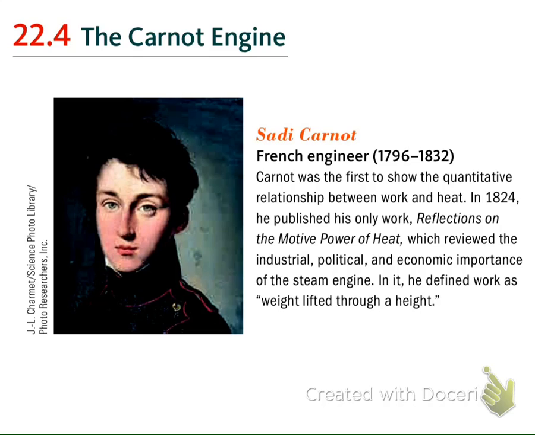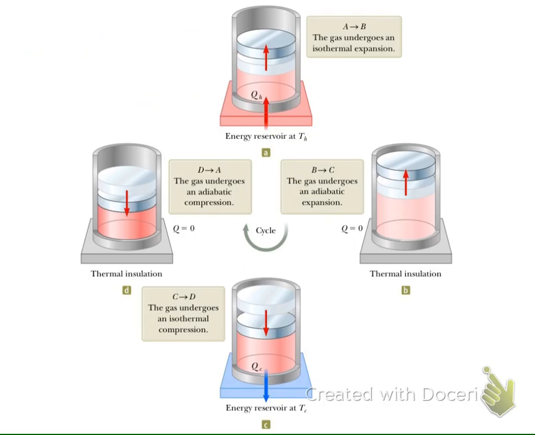In the Carnot cycle, the engine will work in 4 steps. We may start at the first step, where we have the gas. Assume that this is the ideal gas in the piston, and the gas is acting as the working substance for our engine.